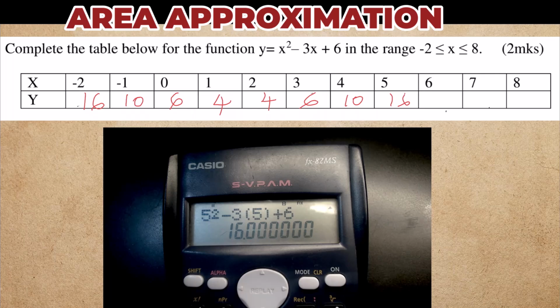When x is 6, this will be 6 squared minus 3 multiplied by 6 plus 6, that will give 24.